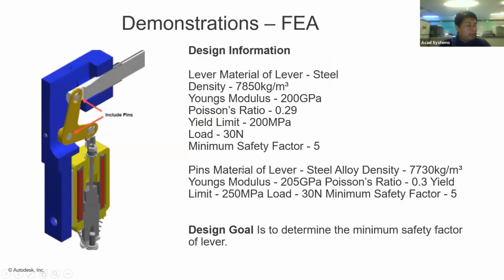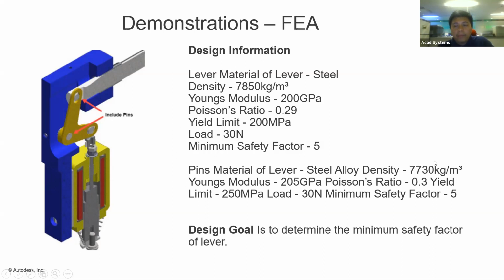Right, so this will be the most important area that we need to cover, and this time I want to do this object, this yellow object and the pin, including the pin. So initially, I already have the information of the parts. These parts use steel material, with density, Young's modulus, Poisson's ratio, loads, and so on.